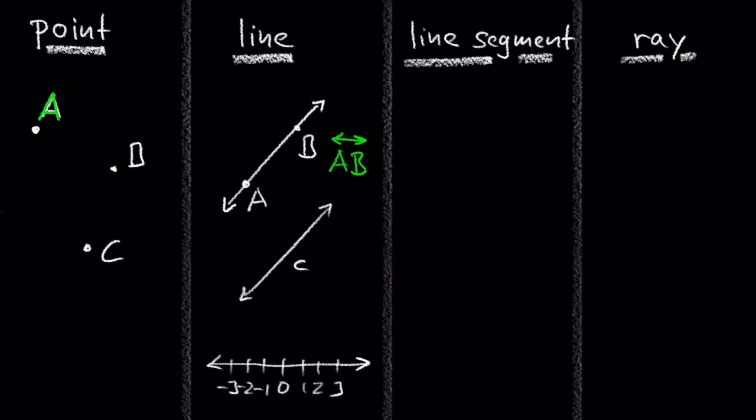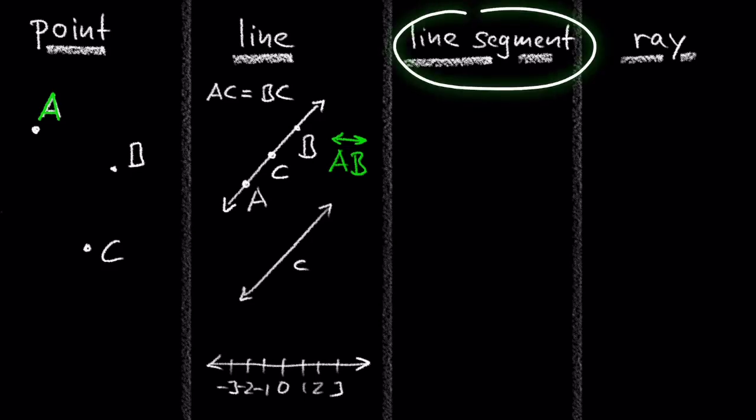It's the name of the line. When A, B and C are on the same line, we say A, B and C are collinear. If AC equals BC, then we call C the midpoint of AB, because C is exactly halfway between.